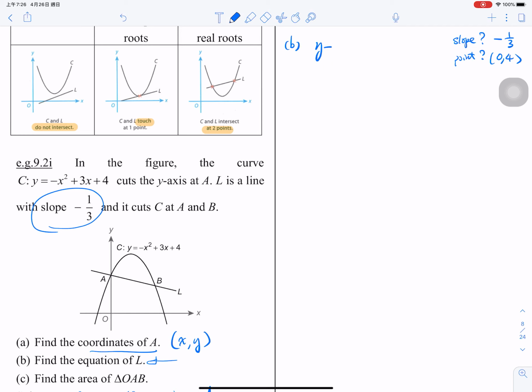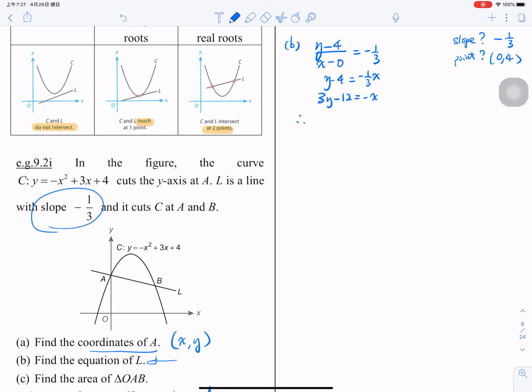y minus 4 over x minus 0 equals to the slope, -1/3, right? So y minus 4 equals to -1/3 x. So rearrange it: 3y minus 12 equals to -x.